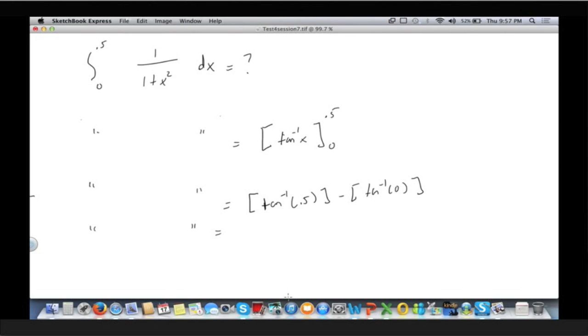Inverse tangent of 0.55 minus the inverse tangent of 0. Okay. I get the same answer, and divide that by pi.